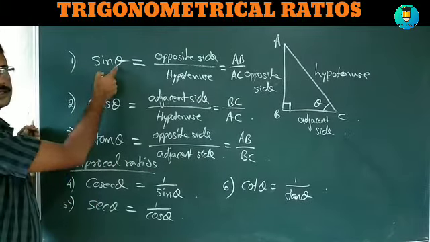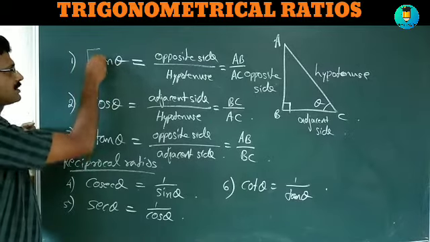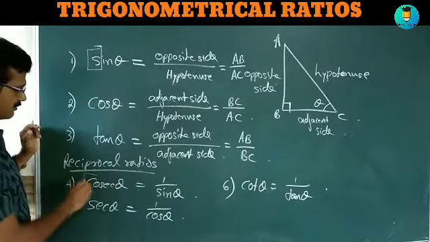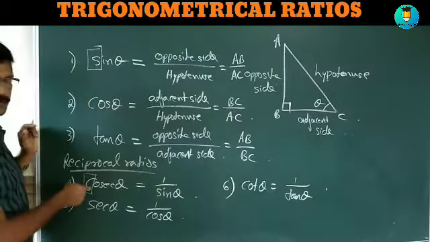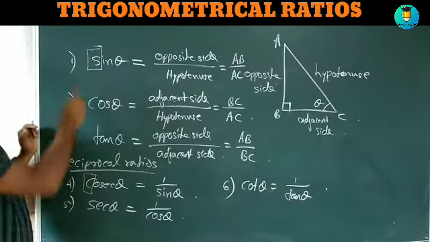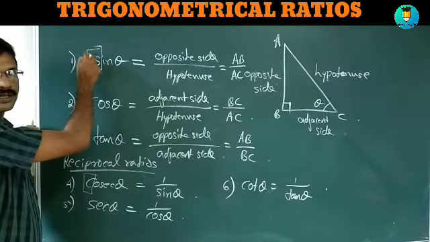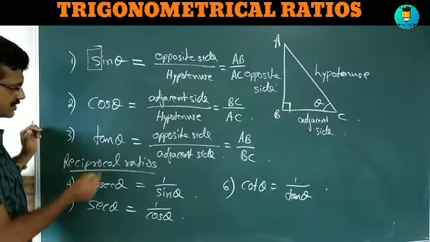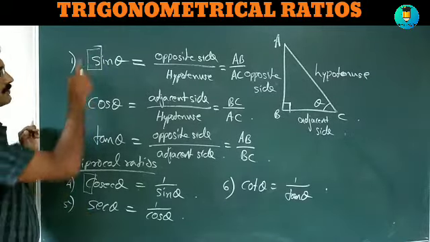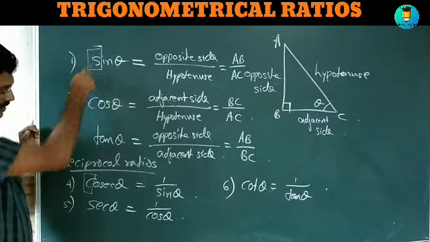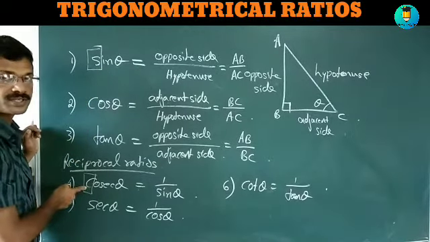See, sin theta you can easily memorize like that. If it is starting with S for sin, here it is starting with the C. S becomes C. Otherwise, you will have a problem. If somebody asks what is the reciprocal of sin theta, you will have doubt whether it is cosec or sec. So if S is there, the reciprocal becomes C. You will start with the C, cosec theta.